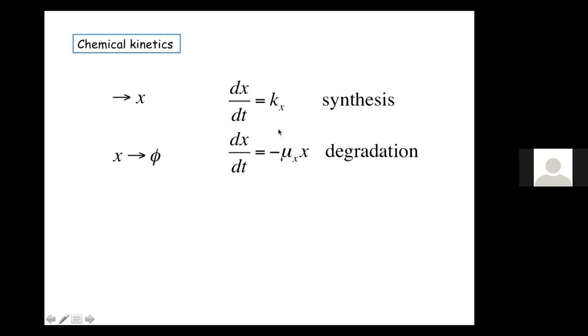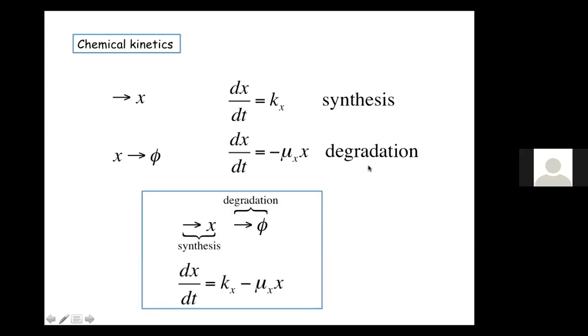And the degradation, of course, is proportional to x itself, with a negative mu x. So mu is the degradation rate constant. Now, if we couple these two processes together, synthesis and degradation, we have a rate of change of x with time, which is k minus mu x.